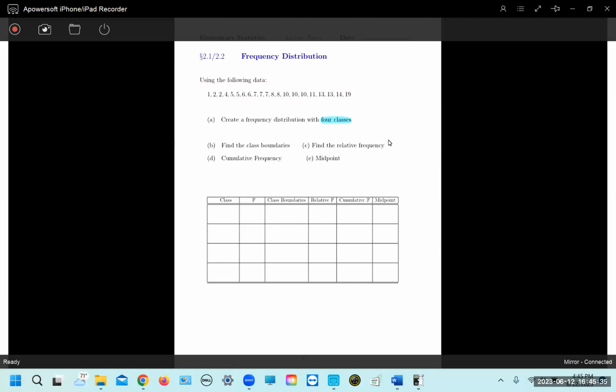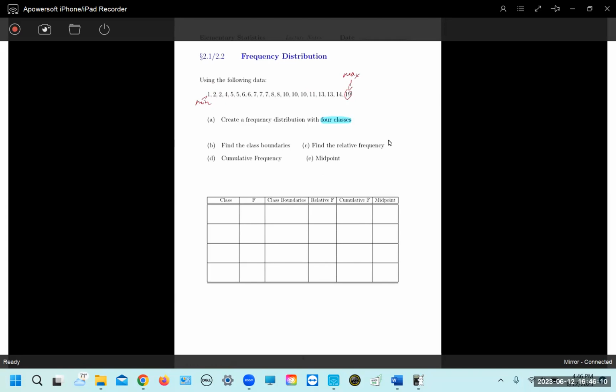So we know this one is the minimum, and this one is the maximum. Okay, so we have four classes. Looking at the data, from 1, 2, 3, 4, 5, 6, up to 19, we have to apply four classes.